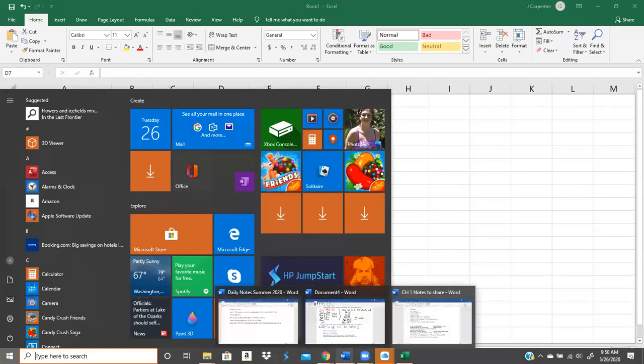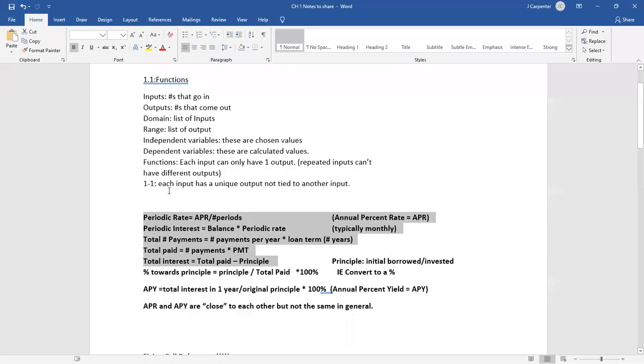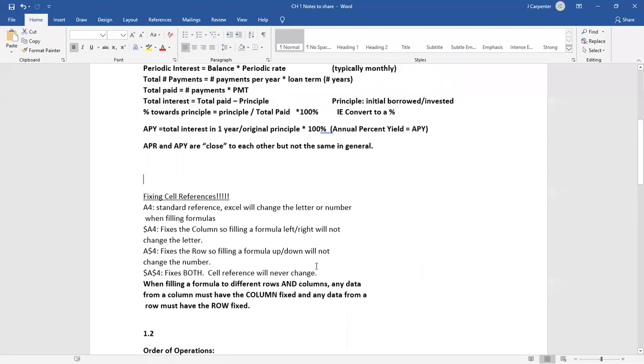And let's go back to our notes to share. These are the same things that you'll see on the guided worksheet. But the point is, to use fixed cell references, you need a cash symbol, the dollar symbol, somewhere. Sometimes in front of a letter, sometimes in front of the number, sometimes in front of both.